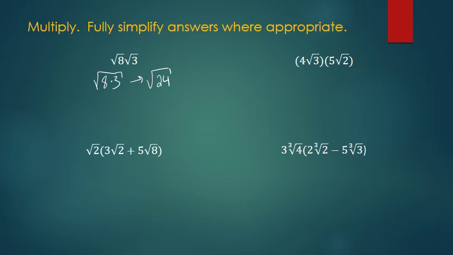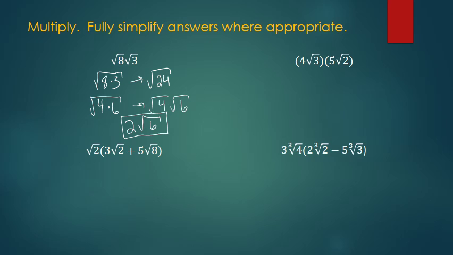And there is. 4 goes into it, so I can go ahead and simplify. So now I get 4 times 6. So that becomes the square root of 4 times the square root of 6. Well, the square root of 4 is 2, square root 6. So that is your final answer.